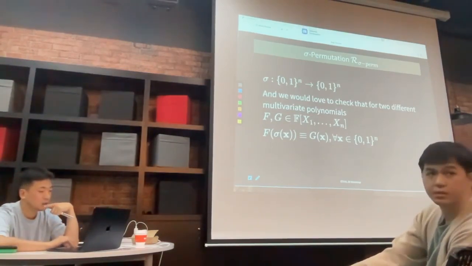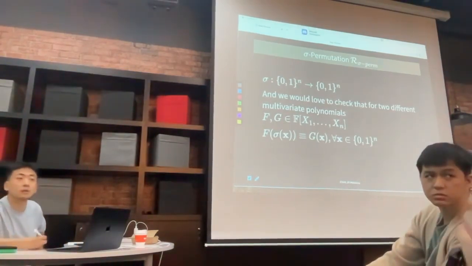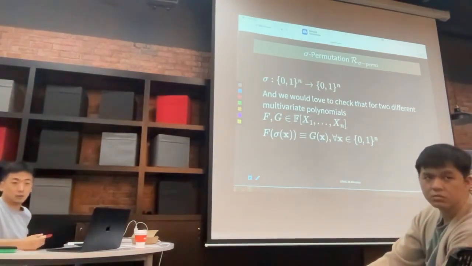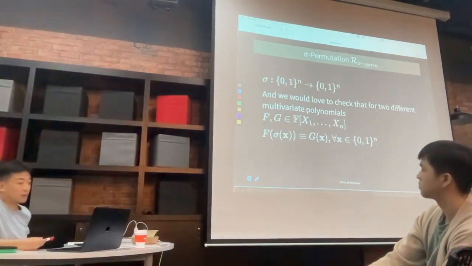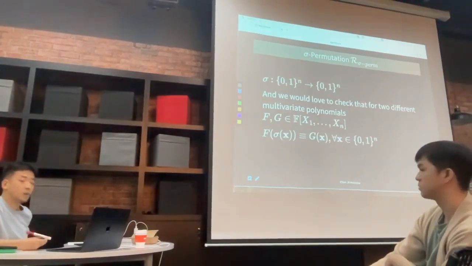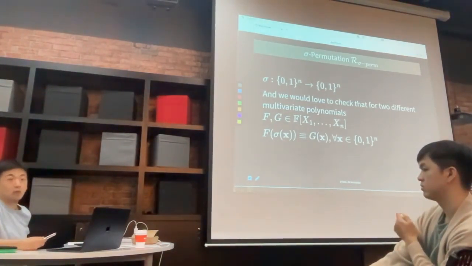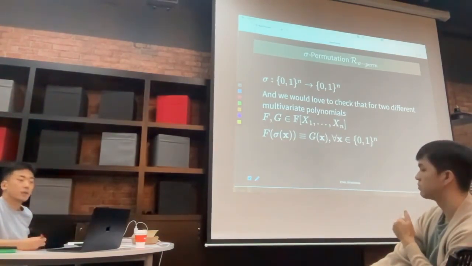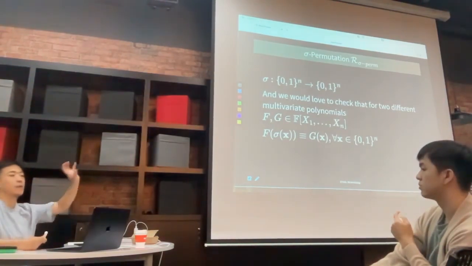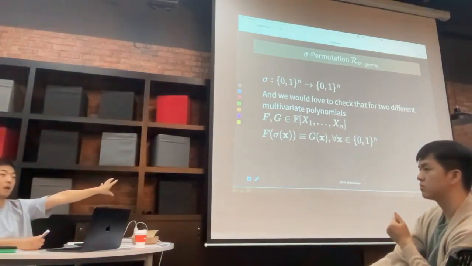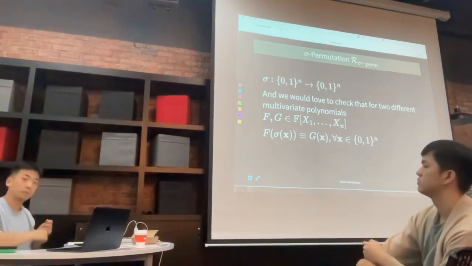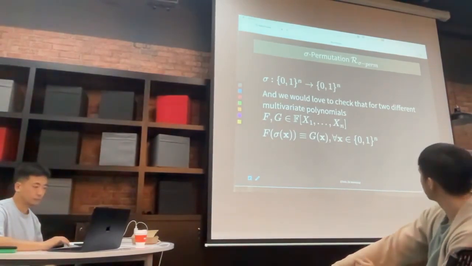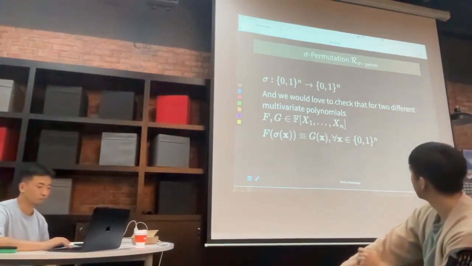But in this case, you are permuting with sigma, another order. Sigma maps to another order. Sigma will return only 0 or 1, so we can make sure that it transforms something from a Boolean vertex in the Boolean hypercube to another Boolean vertex in the Boolean hypercube.